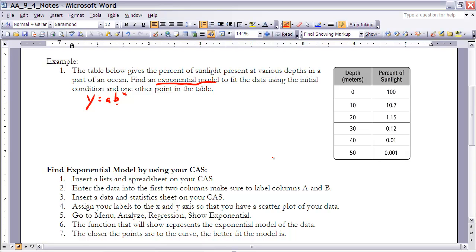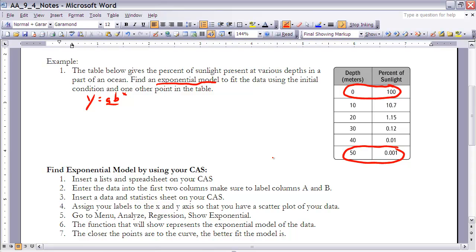To get a specific one, I'm looking for a and b. I'm going to use two ordered pairs. I'm going to use the first ordered pair of 0, 100. And then I need to use one other ordered pair as well. A lot of times I'll just pick the last one, because then it's going to represent that whole set of data a little bit better, depending on how closely the data matches the exponential model.